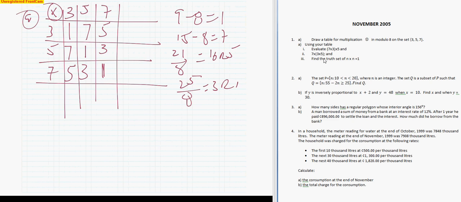Alright, now let's go to B. This is actually supposed to be B. Let's actually make the change here. They typed it wrongly here, so I'm just going to make it B here.